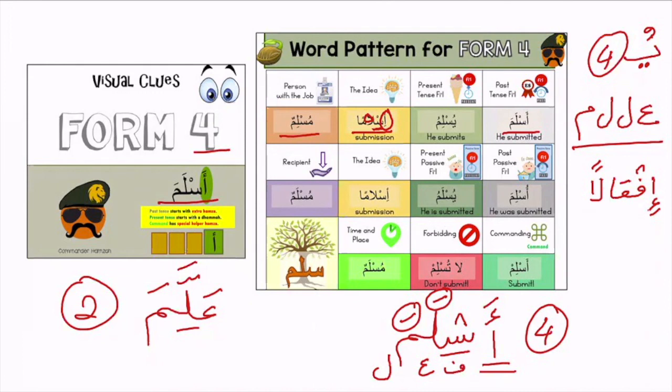Whenever we have the mu sound, it could be our ism fa'il, it could be our ism maf'ul, or it could be our ism zarf. But how are we going to differentiate between ism fa'il, ism maf'ul, and ism zarf? Ism fa'il, when you have a middle root letter with kasra, then it is always going to be our ism fa'il.